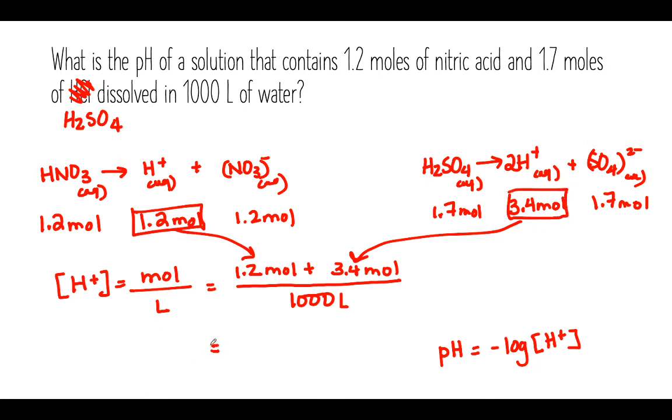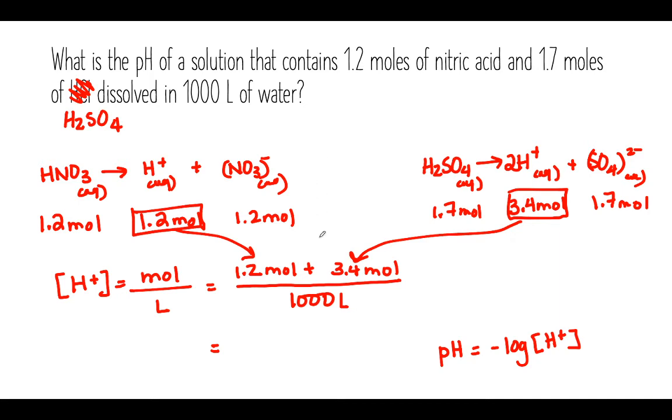Sorry, I misspoke there. If I were to find the concentration of H+ ions, it would be 1.2 plus 3.4 divided by 1,000.